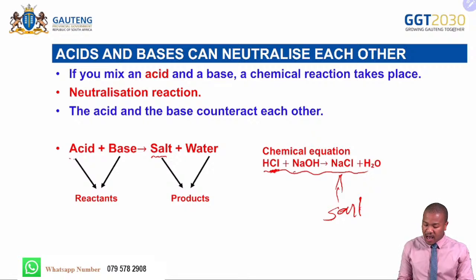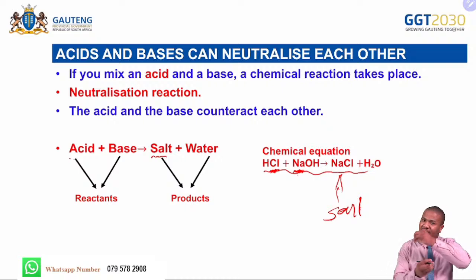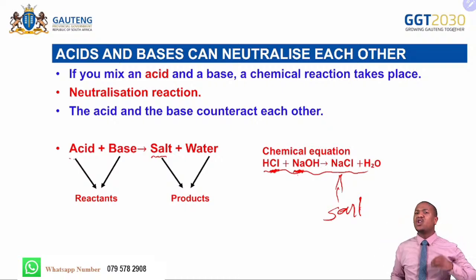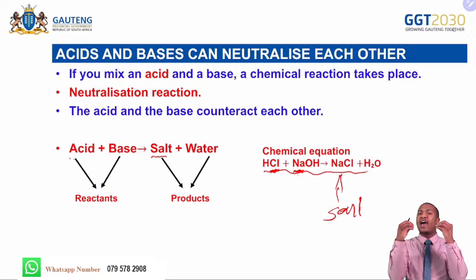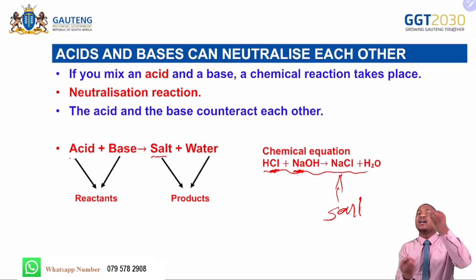And the sodium comes from the base which was in the reactants, and they formed what? NaCl, which is sodium chloride. So there's some rearrangement of atoms. That's what I want you to notice, right? There's no deletion or addition of any atom, but there's simply a rearrangement of atoms.